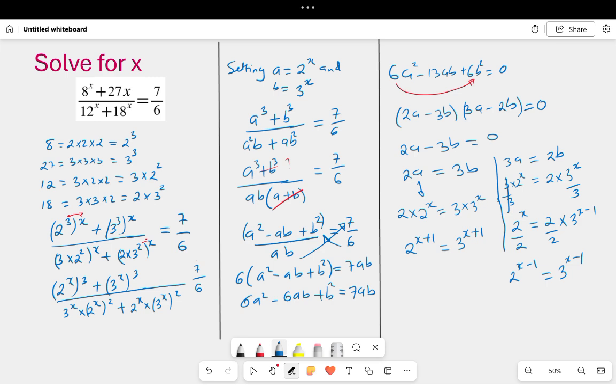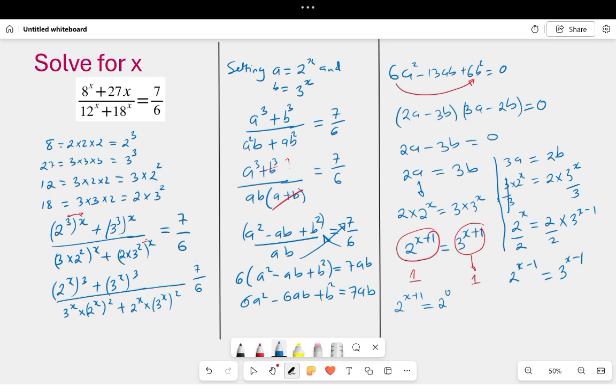this is only possible when the whole of this solution is going to give us 1. And when the whole of this solution will give us 1. So how possible is it? It's going to be 2 to power x plus 1 should be equal to 1, which is like 2 to power 0.